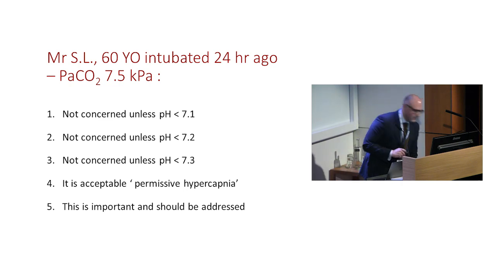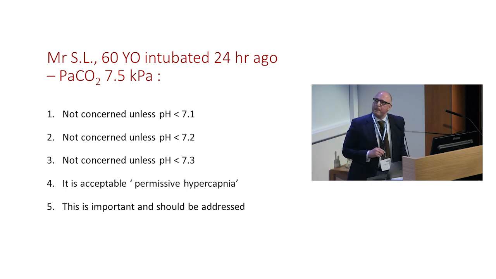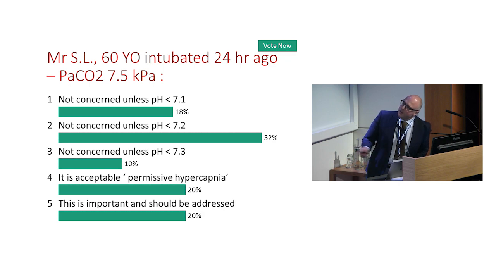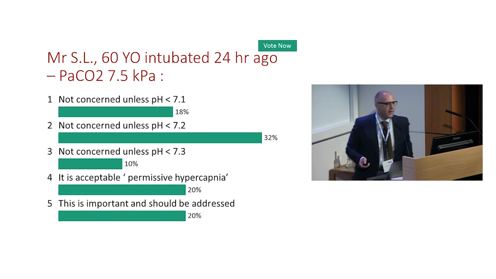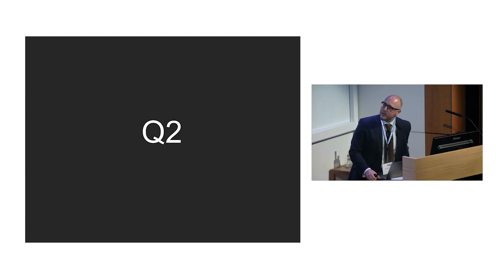Can we vote? Have you all voted? Okay, let's see the results. Very good. 7.2 seems to be the top one, but 1 in 5 of you said this is important and should be addressed. Okay, let's go to the next one.